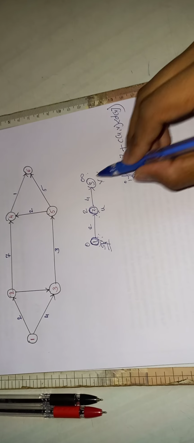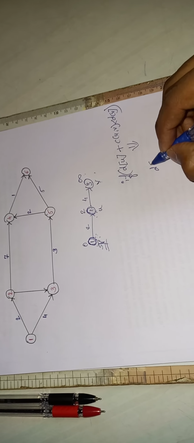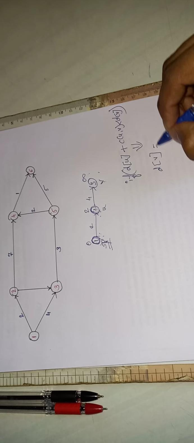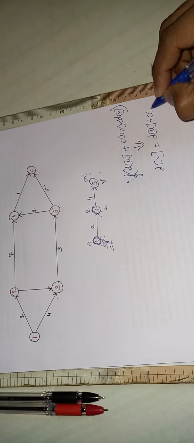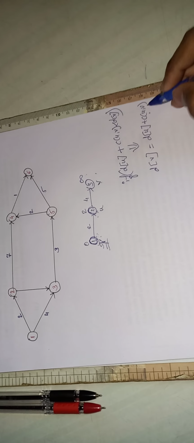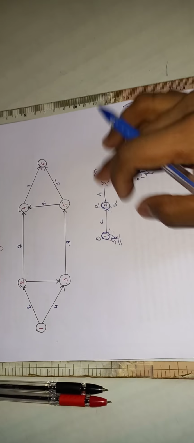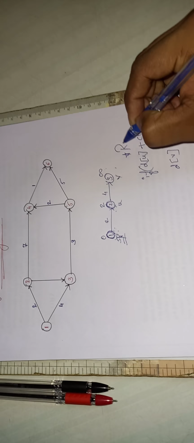That means the distance of v becomes the distance of u plus the cost of edge (u, v). This is the process of updation, and this updation is called relaxation.